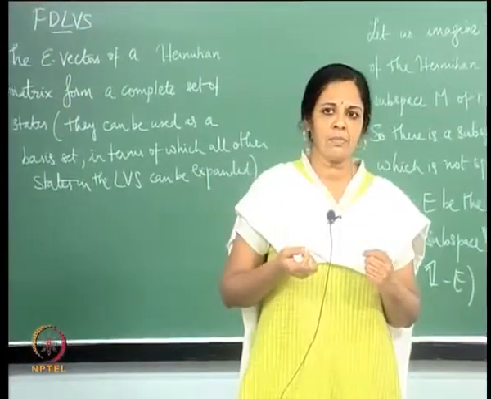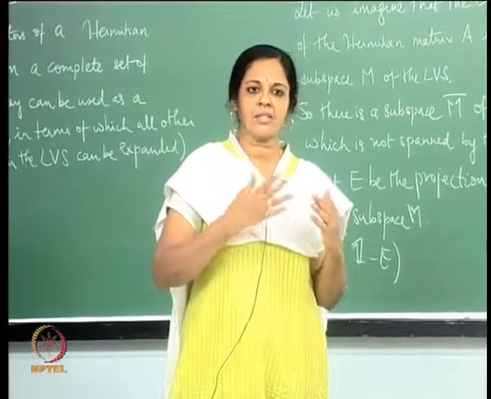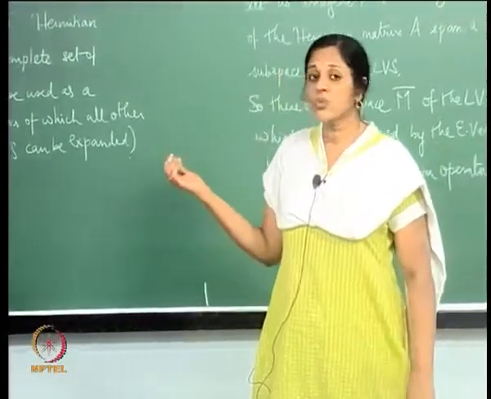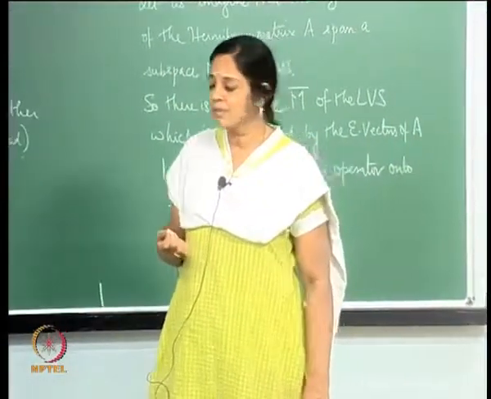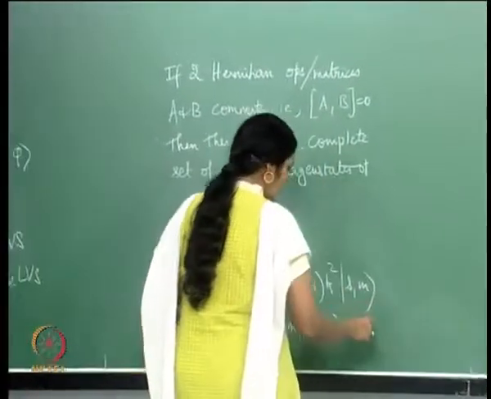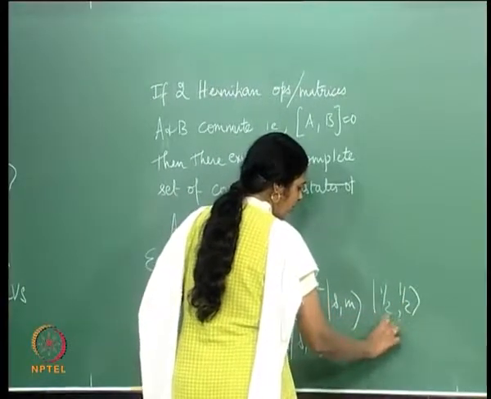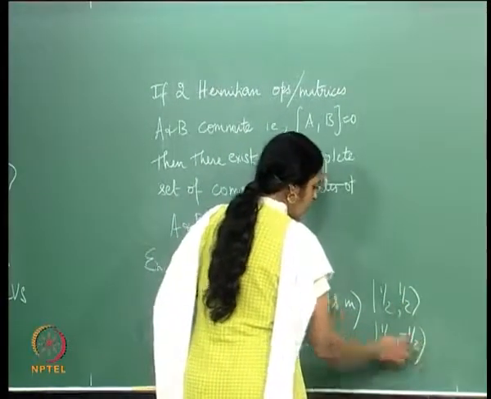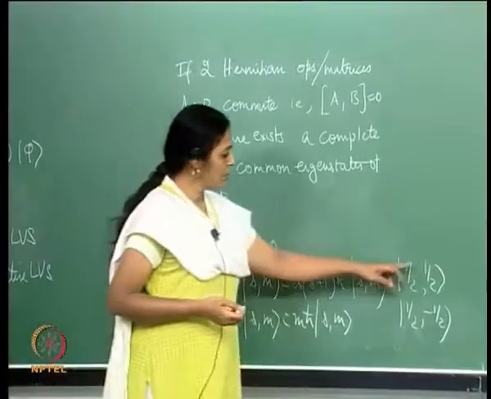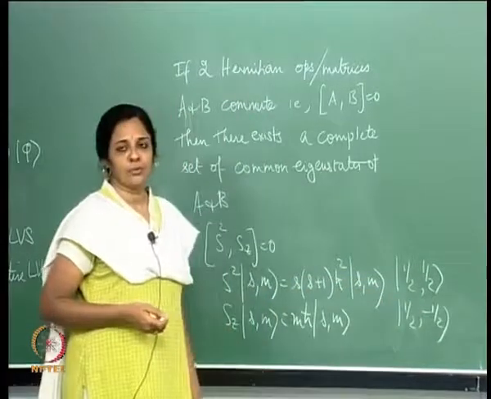While we did not establish that M indeed takes values in general between minus S and plus S, we certainly demonstrated that that is what happened in the case of the two level atom, where we had two states, half half and half minus half, so that for S equal to half, M took values plus half and minus half, that is plus S to minus S in steps of 1.